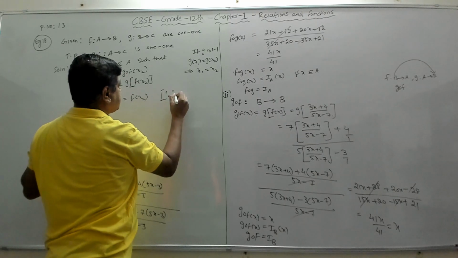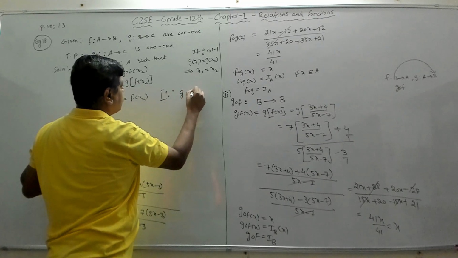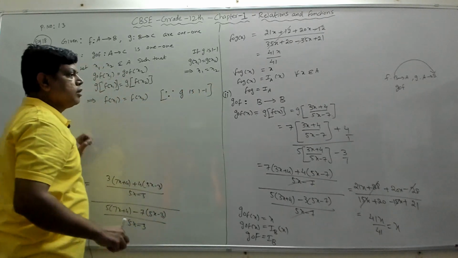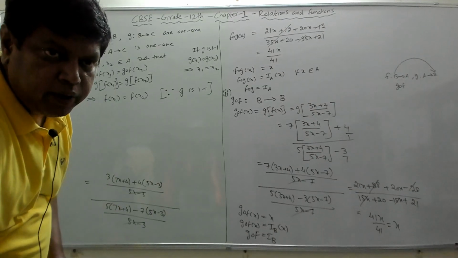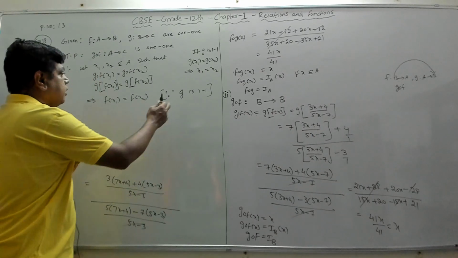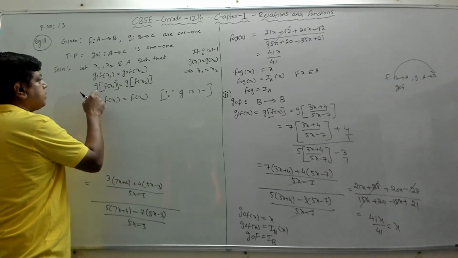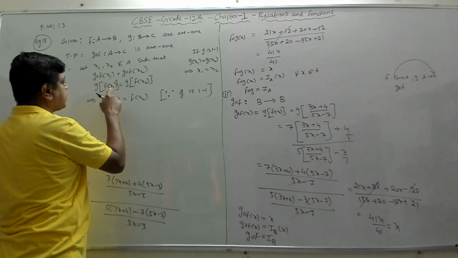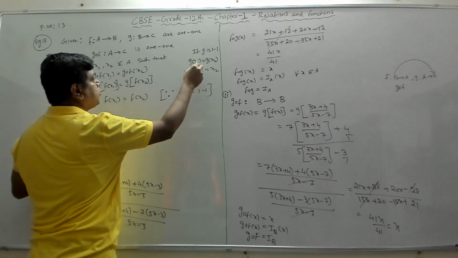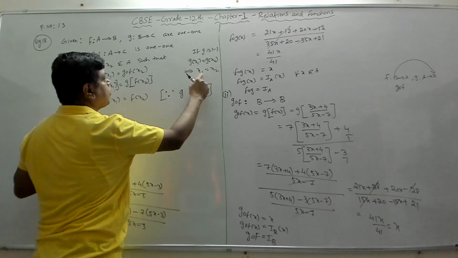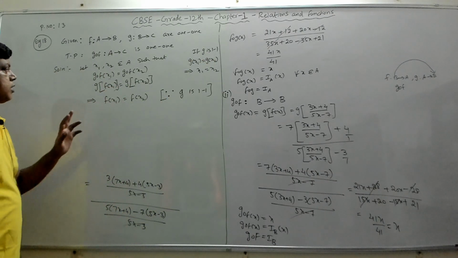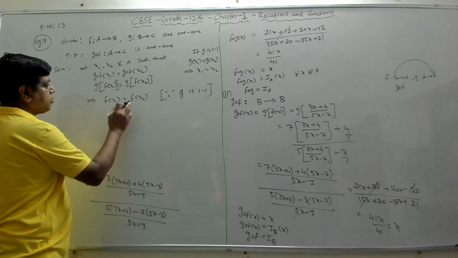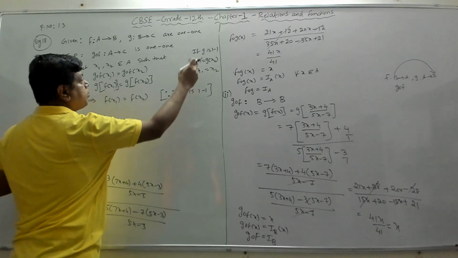Since g is 1 to 1, whenever g of x1 equal to g of x2, I can say x1 equal to x2. So the value inside will be equal. Whenever the function values are equal, the actual elements are equal. This implies f of x1 equal to f of x2 because g is 1 to 1.